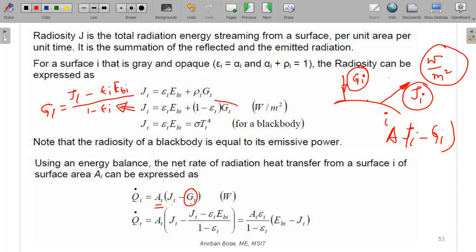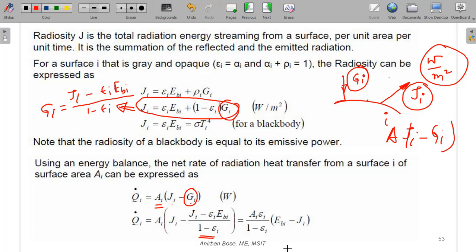So from this equation you find out the value of G_i, and that has been placed here. And finally if you simplify, you will get the expression A_i epsilon_i divided by 1 minus epsilon_i into E_bi minus J_i. So we are getting this result.